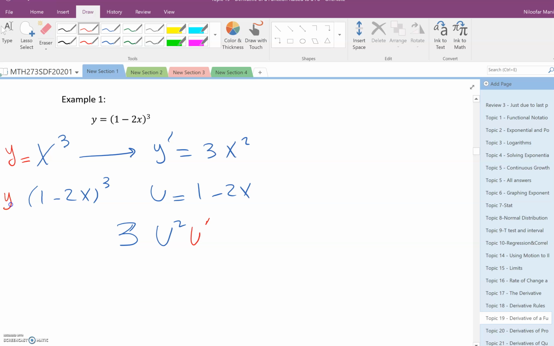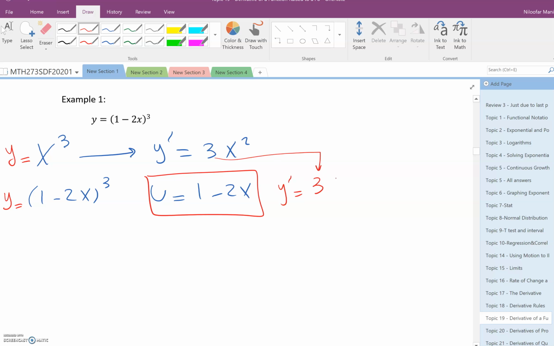Here y is this one. So I say, okay, I have u here. So now I have to do y prime equal 3 u squared multiplied by u prime. That's important here. So wherever you have x, you are fine, do it. See, you have x cubed.